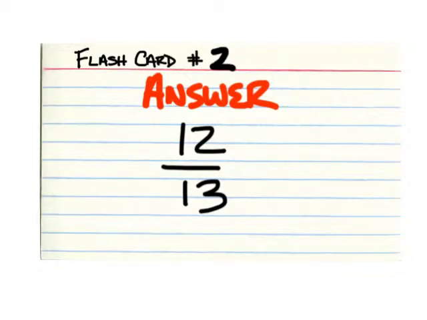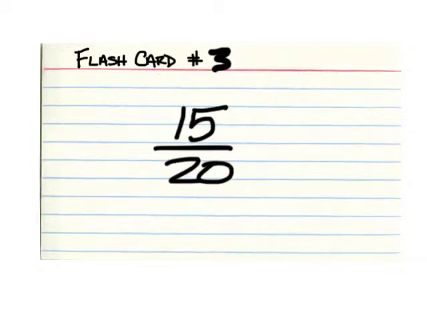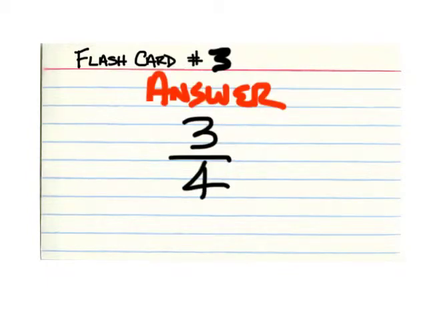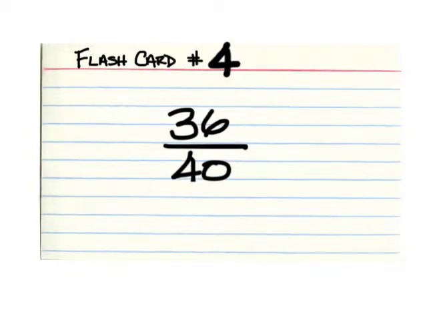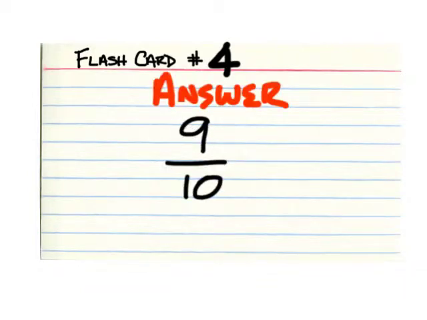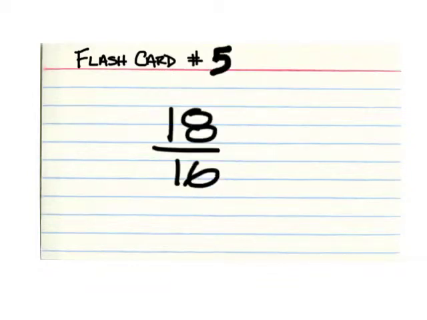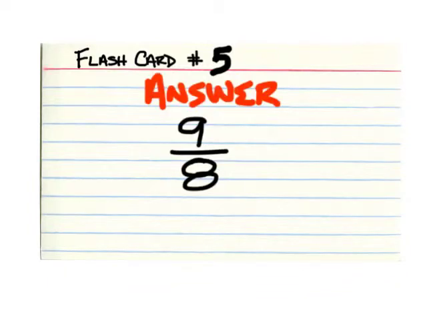If you cut them both in half, it's 12 over 13. 15 over 20. 3 over 4. 36 over 40. 9 over 10. They both divide by 4. 18 over 16. Reduce that and make a mixed number. 1 1/8 is right.